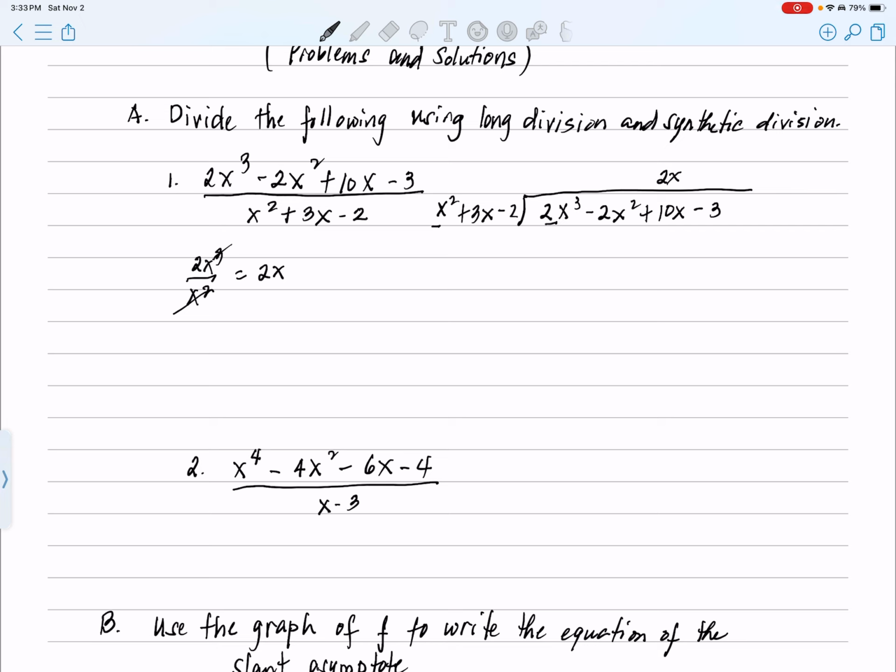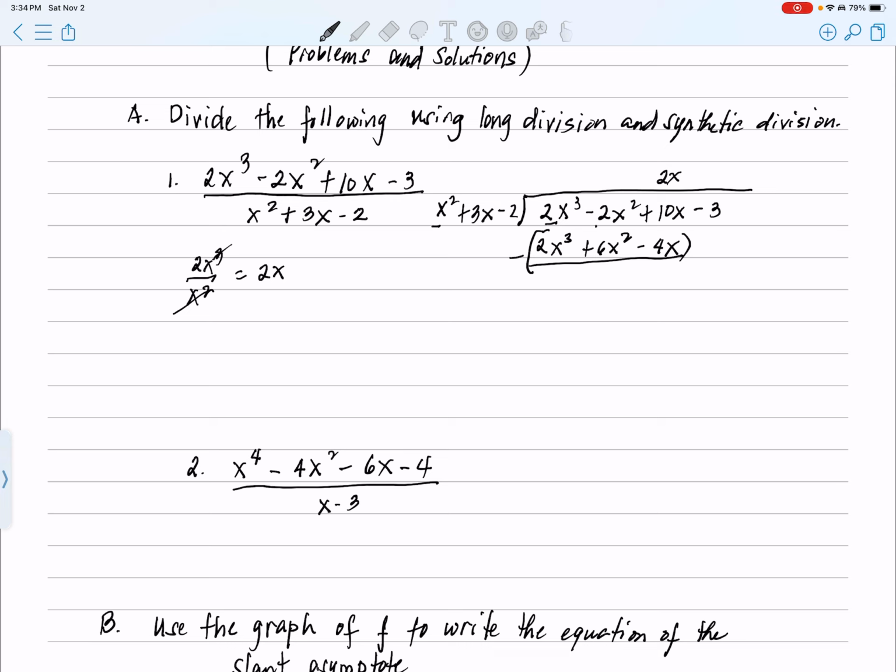Then multiply back: 2x times x squared, that is 2x to the third power. 2x times 3x, that is 6x squared. 2x times negative 2, that's negative 4x. Alright, subtract. Then change the sign.